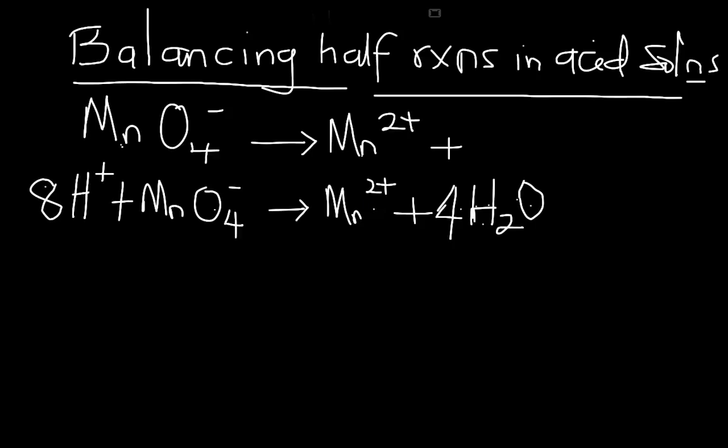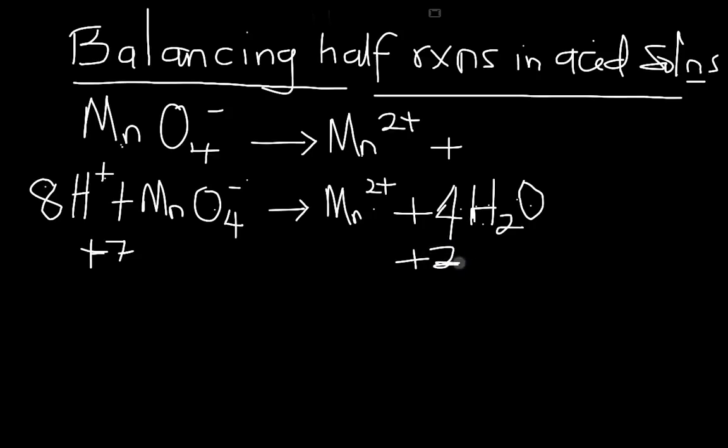On our right hand side we have a total of 2 positive, while on our left hand side we have a total of 8 positive plus 1 negative. 8 plus minus 1 gives us 7. So here we have plus 7, while here we have a total of plus 2.